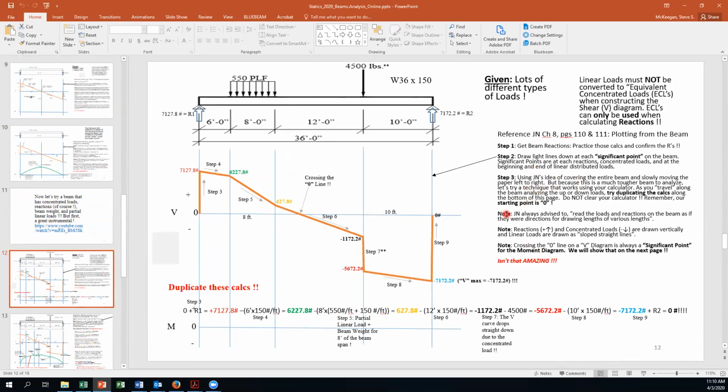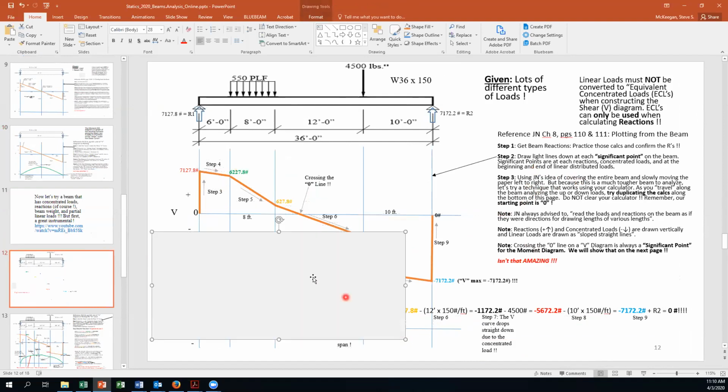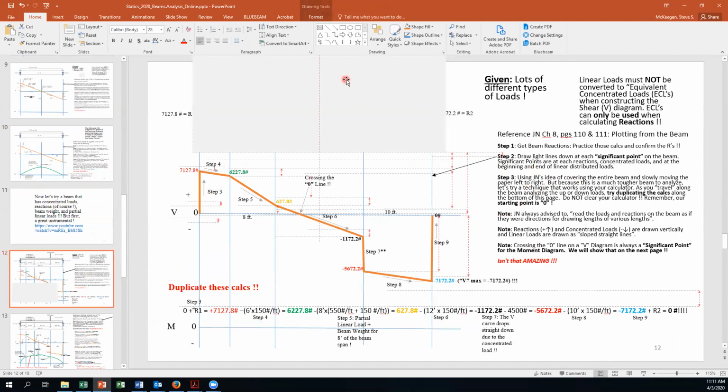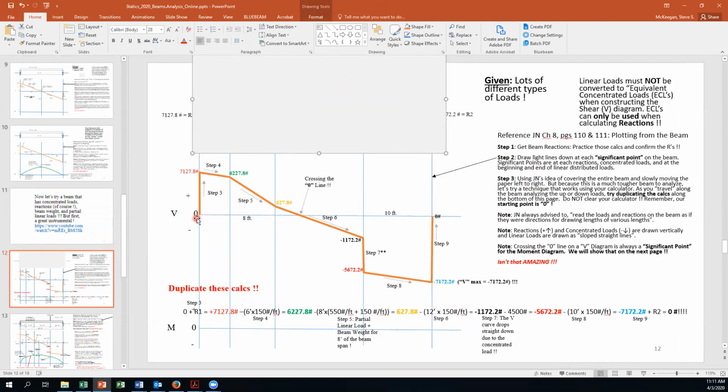And again, remember we used this. So we covered that whole beam. And we always said that the shear starts at what? 0. Okay. This is JN's idea. He's a good man.